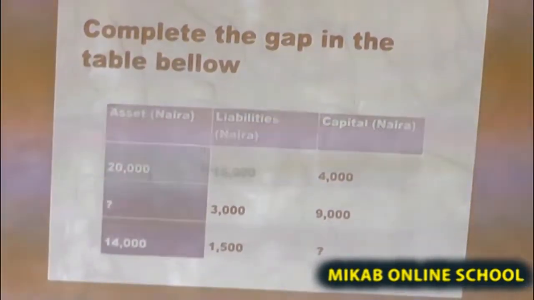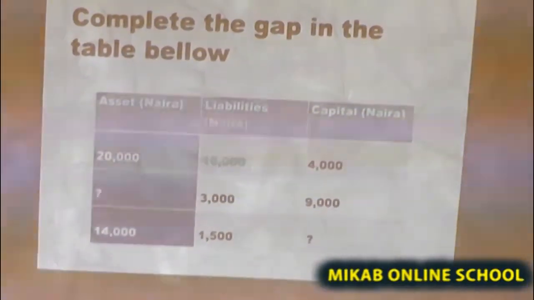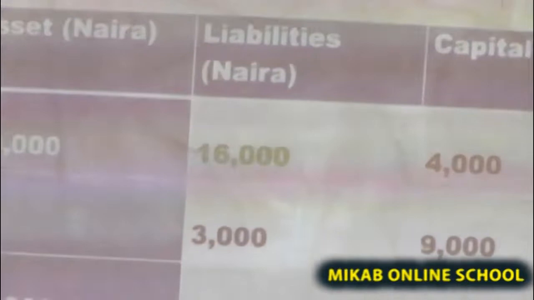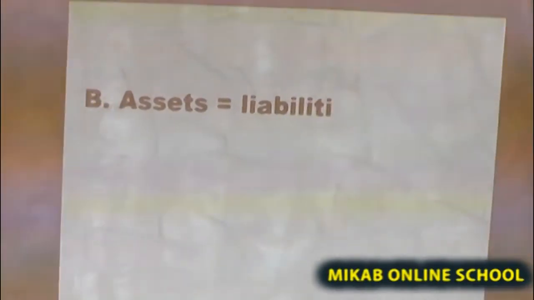The second one, assets is not given, and liability is given to be 3,000 naira, and we have our capital given to be 9,000 naira. Now we are to find assets. How do we find assets? Don't forget, the formula is always assets equal capital plus liabilities, or liabilities plus capital.